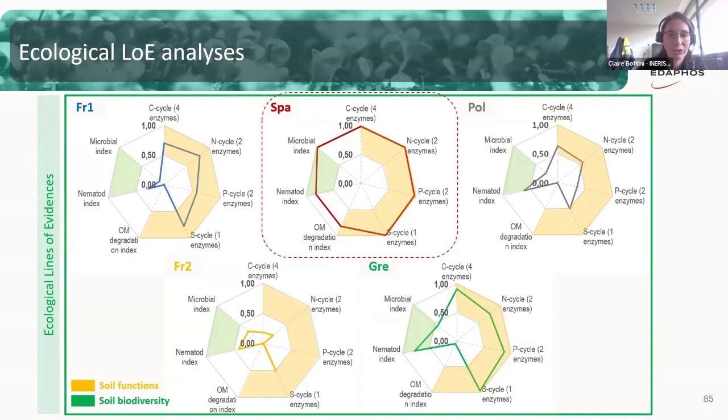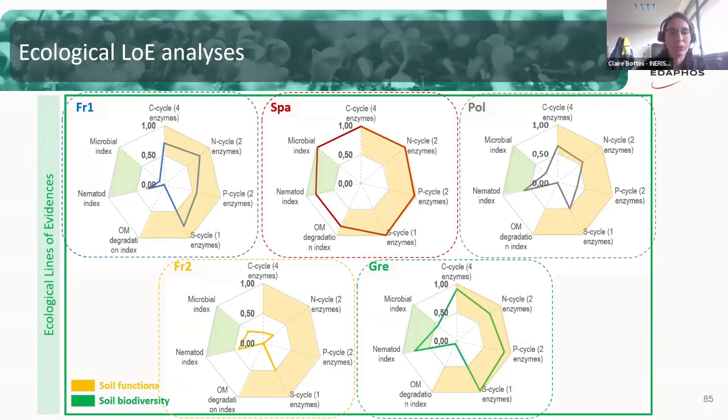This is for the ecological measurements, where we have soil functioning with enzyme activities in the yellow, and soil biodiversity measurements with microbial biodiversity and nematode index in green.